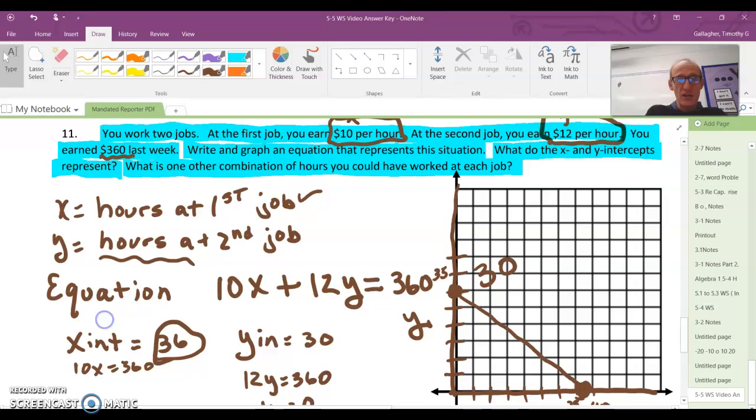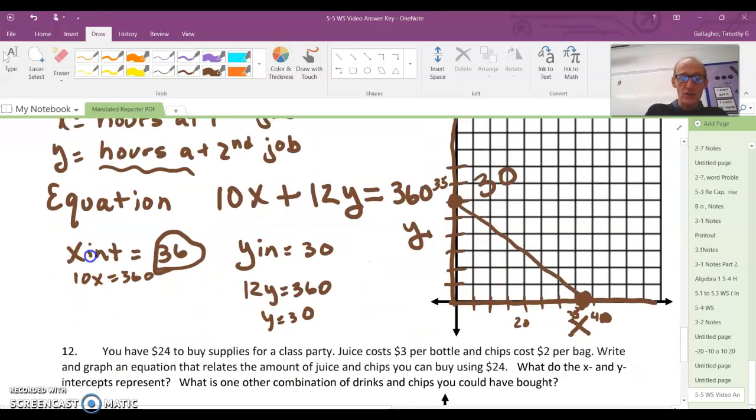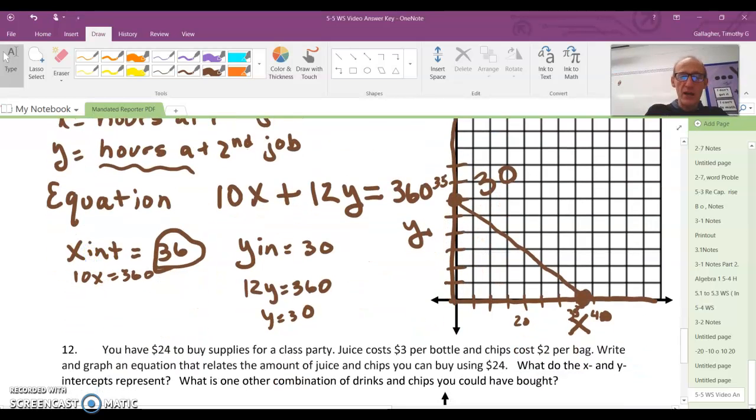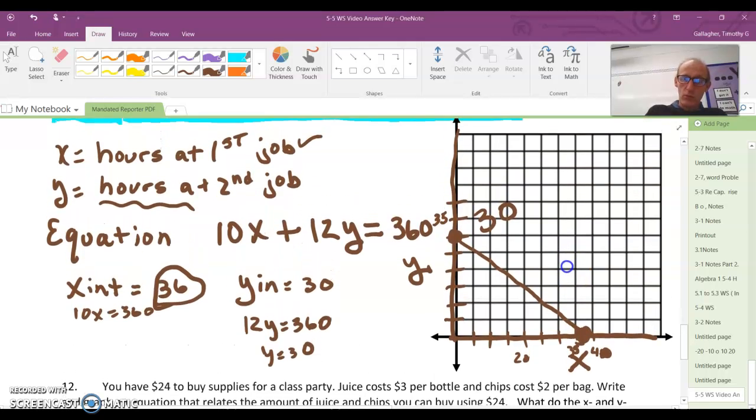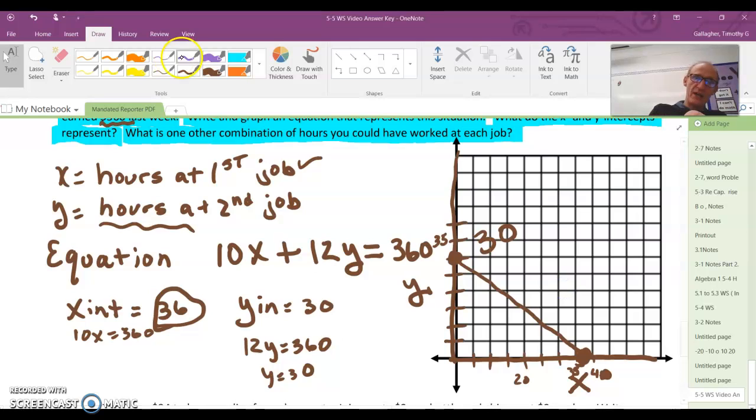Now, so the question is, what do the x and y intercepts represent? Well, the x-intercept represents something, and the y-intercept represents something. Okay? So the y-intercept represents all hours at second job, right?